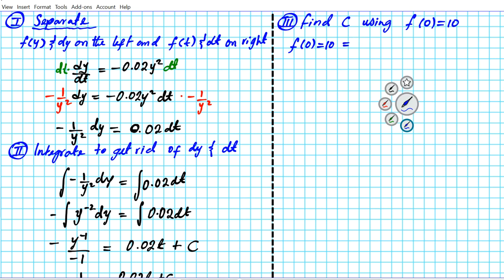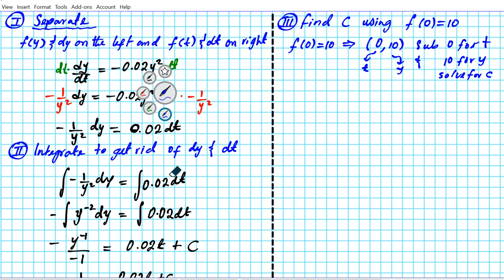Well, it tells us that we're looking for the particular solution that goes through the ordered pair 0, 10. So in this particular problem, the independent variable is t and the dependent variable is y. Okay, so we're going to substitute 0 for t and 10 for y. All right, and that will enable us to solve for c.